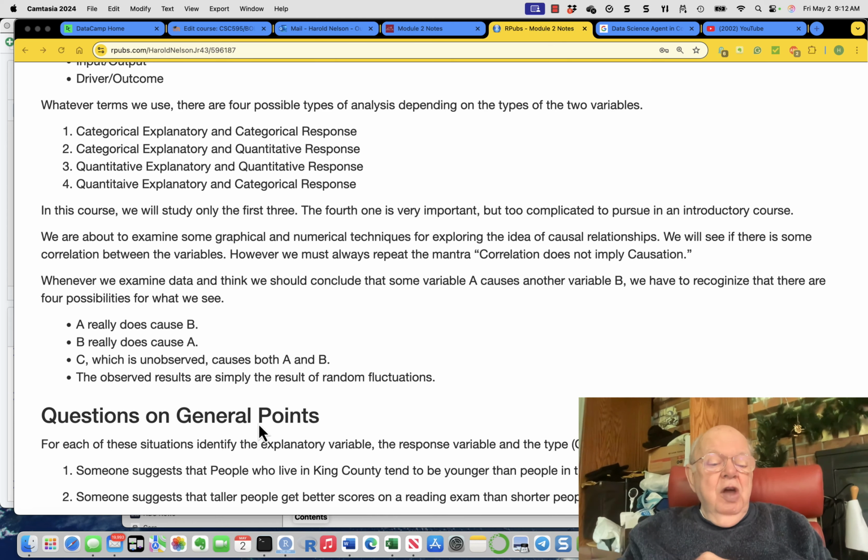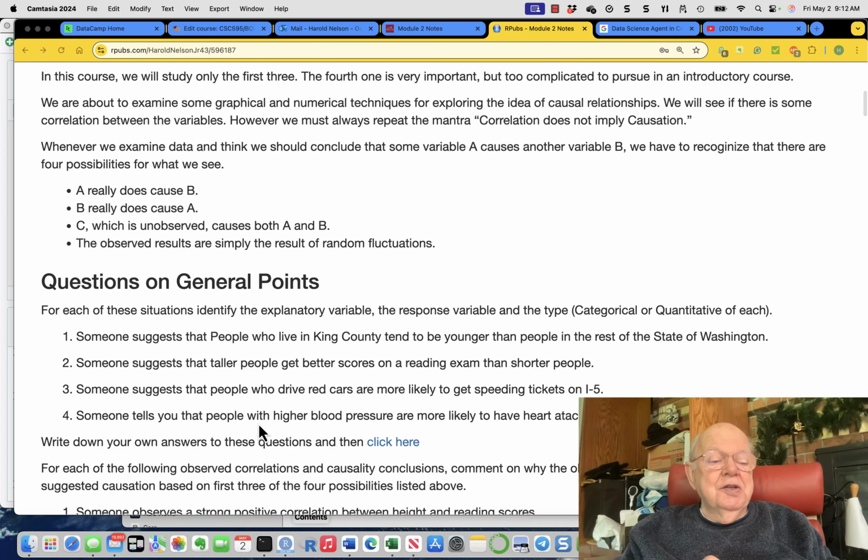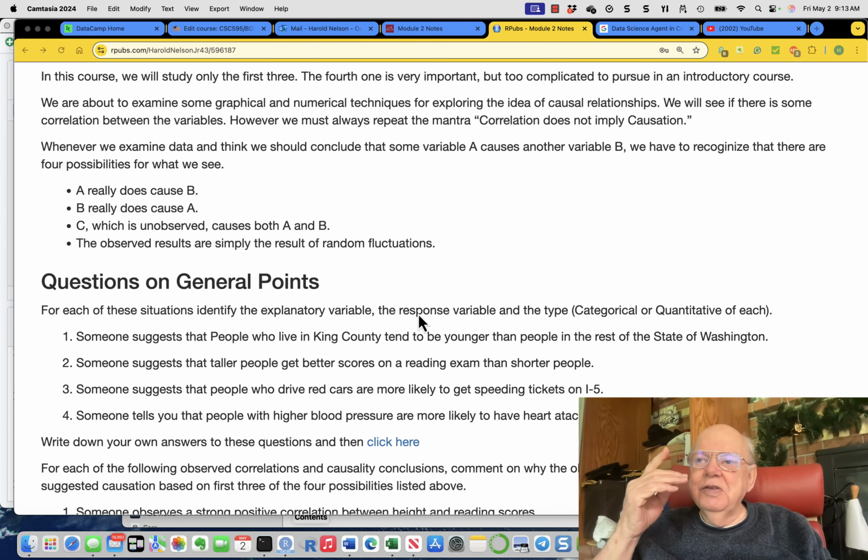Okay, so I've got some things for you to think about and look at. For each of these situations, identify the explanatory variable, the response variable, and the type, categorical or quantitative, of each. Of course, which is the explanatory or which is the response, it's kind of up to you.